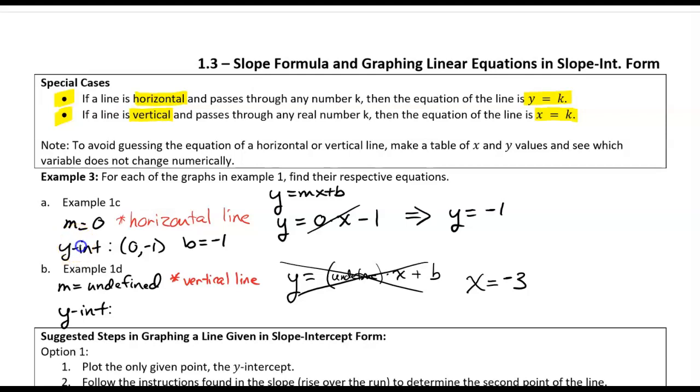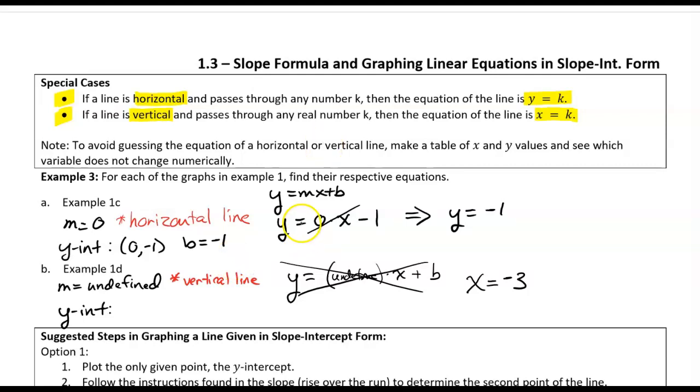We have m, our slope, is 3/2. And our y-intercept, abbreviated int, is (0, -2). So with that, following our definition, with 0 as the x and the y value being b, we have b equal to -2.